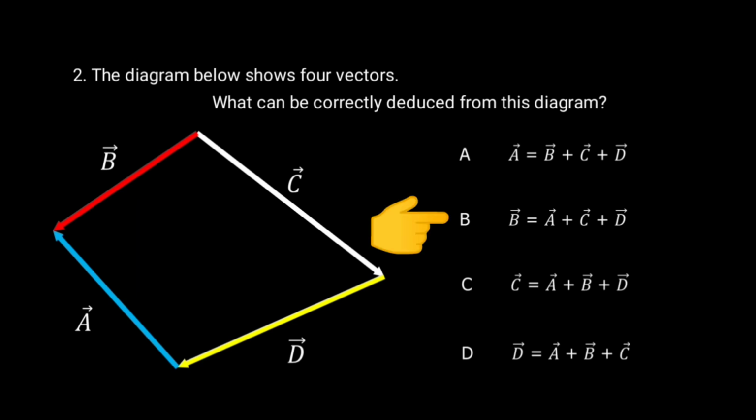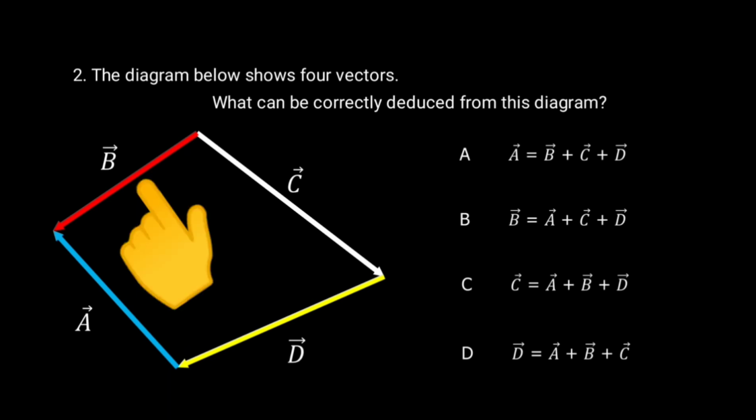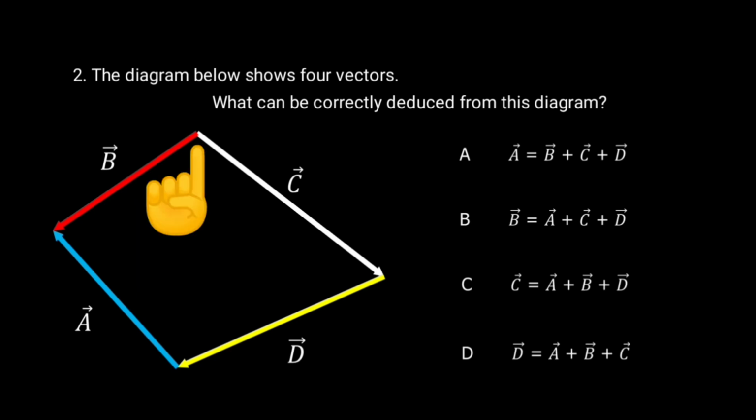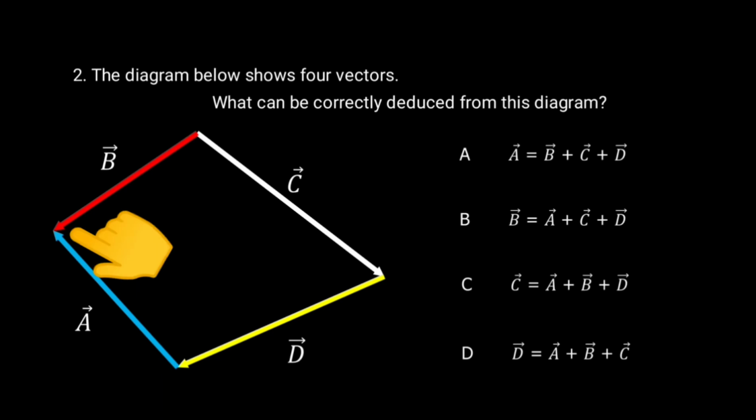Option B says vector B is the resultant of those 3 vectors. Okay. If we look at vector B, it is starting from the tail of one of the vectors and is ending at the head of one vector. So this makes sense. Vector B looks like it's the sum of vector A plus vector C and vector D. One way of seeing if this is correct is just to imagine that these vectors are displacement vectors. Okay, you're making a displacement. You're moving in a specific direction from a starting point.